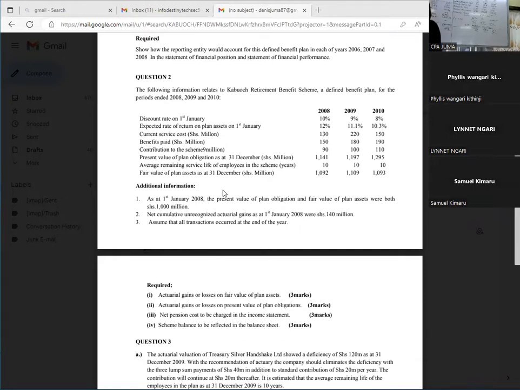So on plan asset, plan asset is where it started. Then on plan obligation. So on plan asset, we gained how much? 32. We lost 24.21. We lost 50.23.